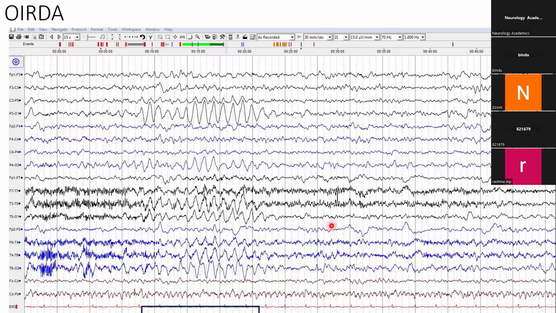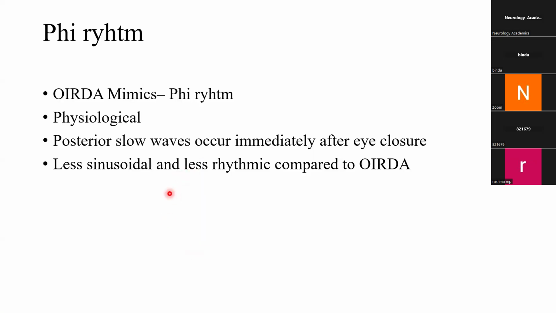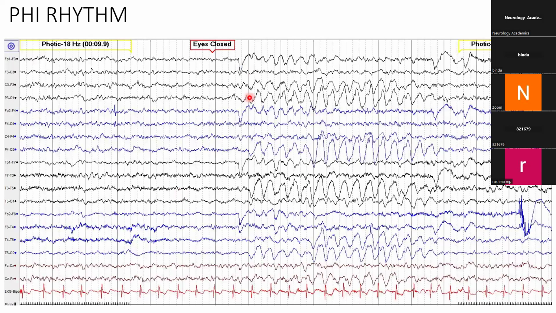One of the mimics for occipital intermittent rhythmic delta activity is the phi rhythm, which is a physiological rhythm. These are posterior waves that occur immediately after eye closure. Here we can see immediately after eye closure there is medium to high amplitude, 2 to 3 Hertz activity intermittently, which is less sinusoidal and less rhythmic than OIRDA.